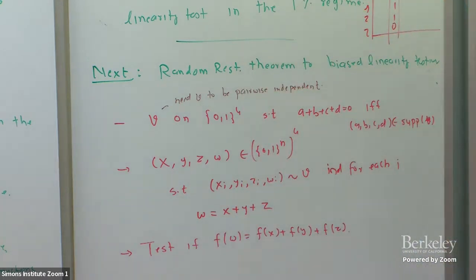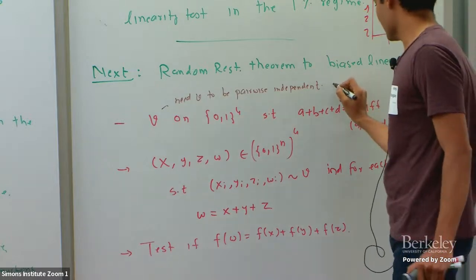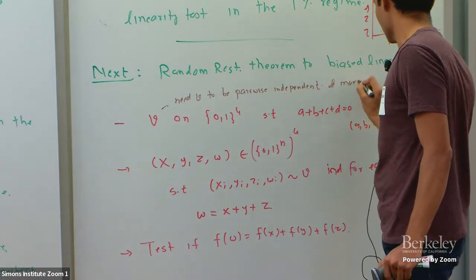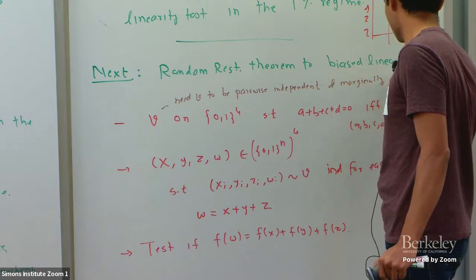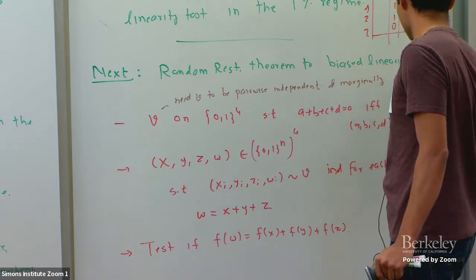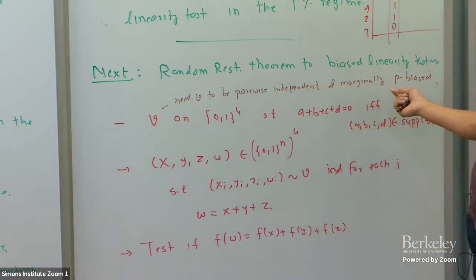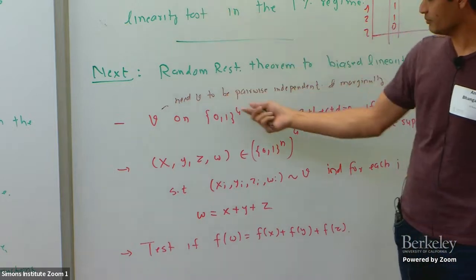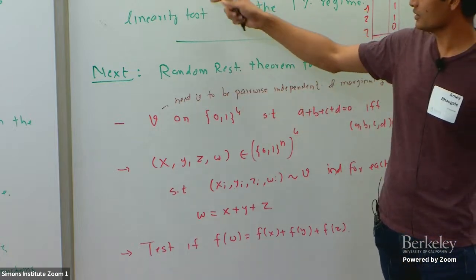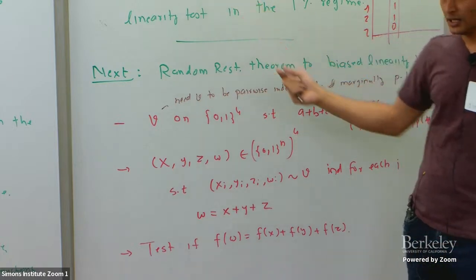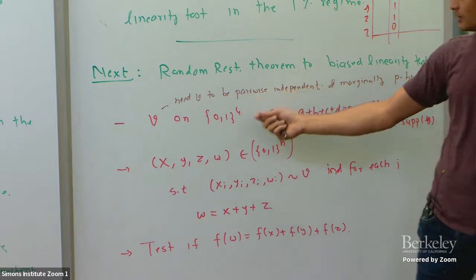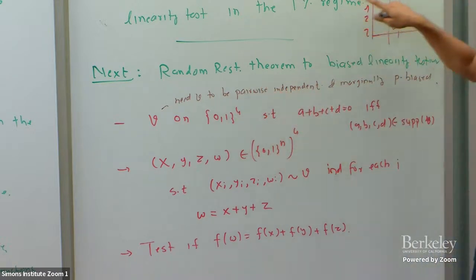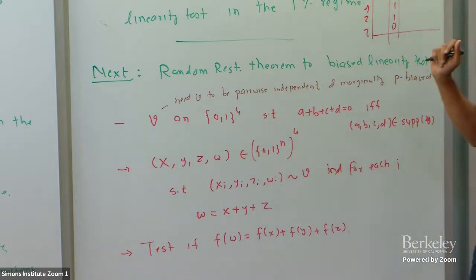And marginally p-biased. If you have this condition, you can't have p less than 1/3 and pairwise independent distribution, but for any p between 1/3 and 2/3, I can have such a distribution which is pairwise independent, and marginally it is p-biased. So all my queries will be from the p-biased measure.